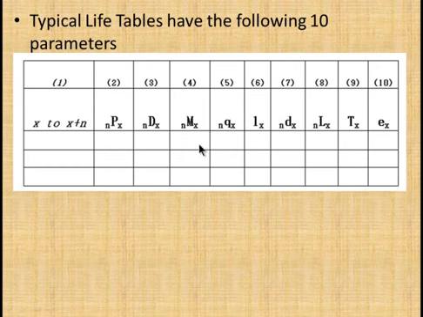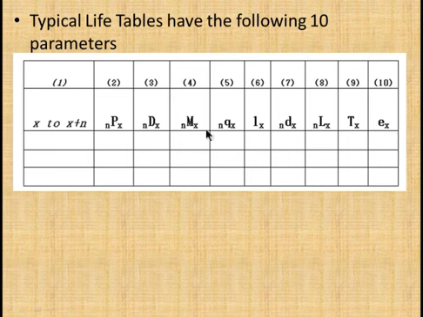Then from there, you can calculate the probability of dying if you know the death rates. And this one is the hypothetical population. Is the population which will help us calculate the life expectancy here.